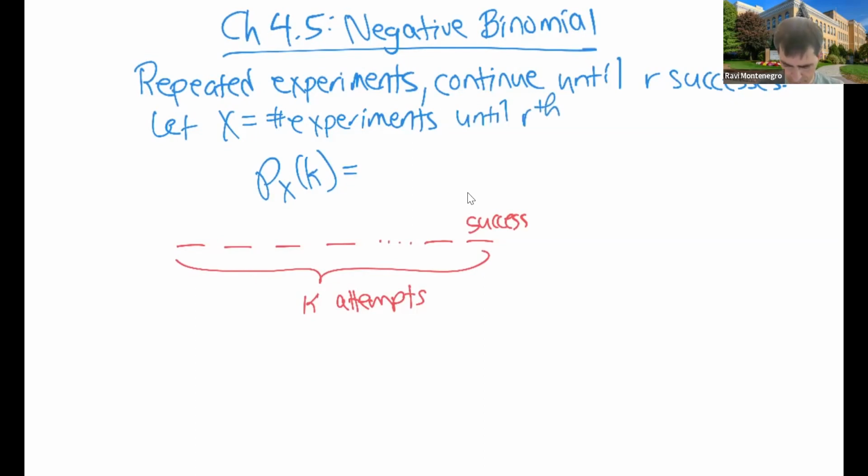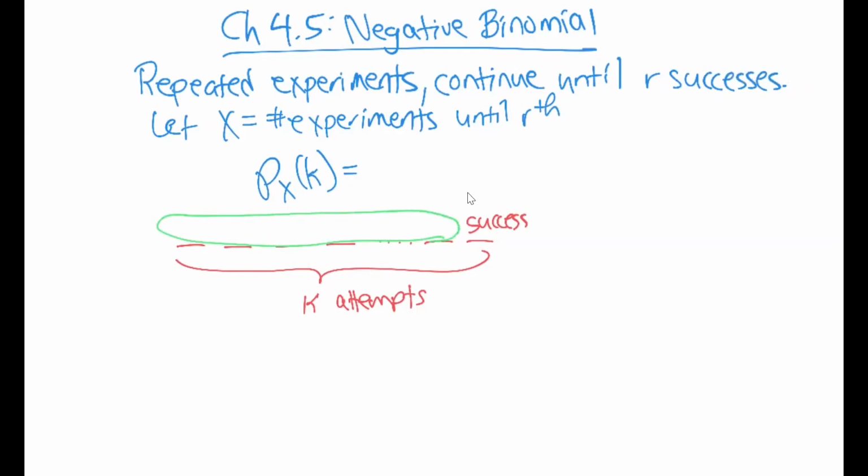What do I know about the time before that? They were all failures. So they're all 1 minus whatever the chance of success was.